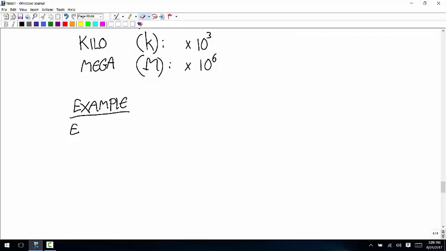I'll do one with micro first. So let's say we want to express microseconds in seconds.